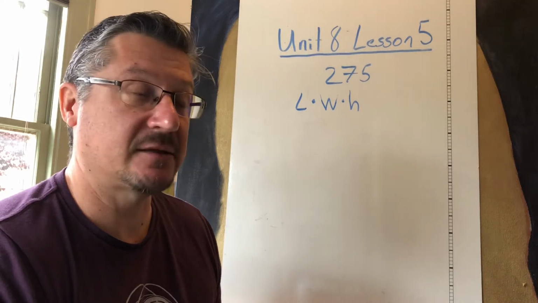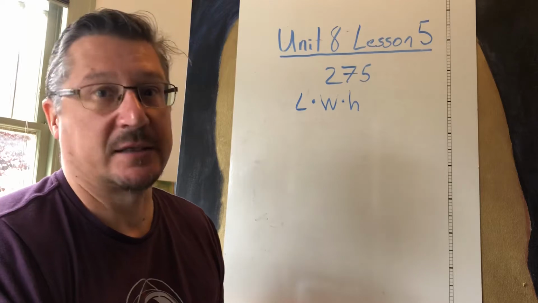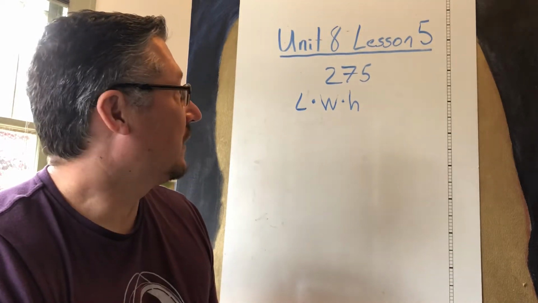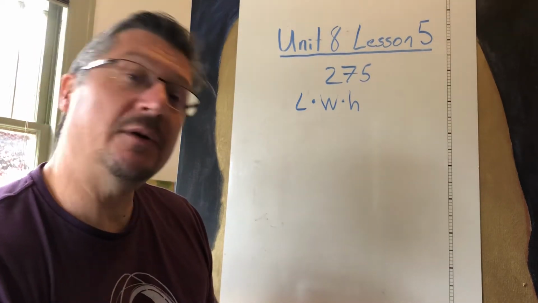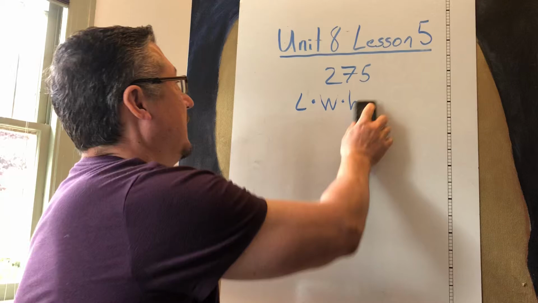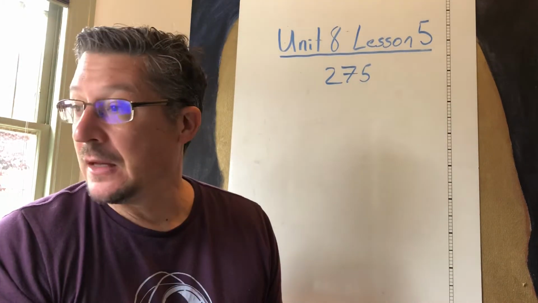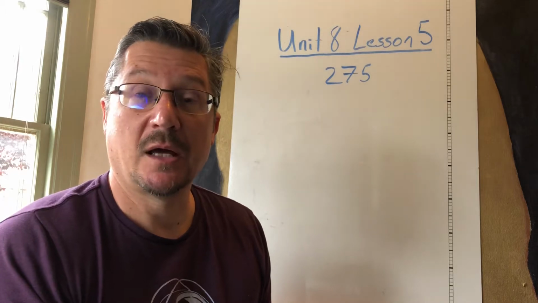Volume would also be how much space a room takes up. So it needs three dimensions, but we don't need to worry about that right now. What we need to worry about is the customary units of volume. And there are notes that go along with this that you can download on your Google Classroom page.